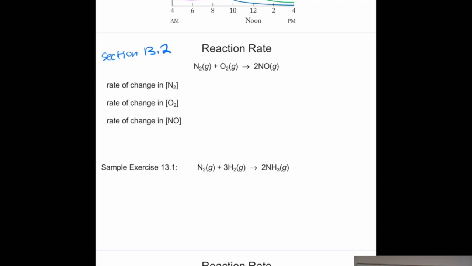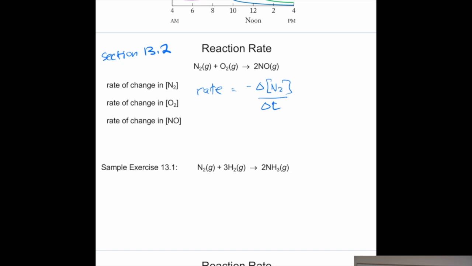So, for example, take this top reaction, nitrogen plus oxygen goes to 2 moles of NO gas, right? And we can talk about how that reaction rate changes with respect to its concentration. So, for example, the rate with respect to nitrogen gas, it's going to be the change in concentration of N2 over the change in time.